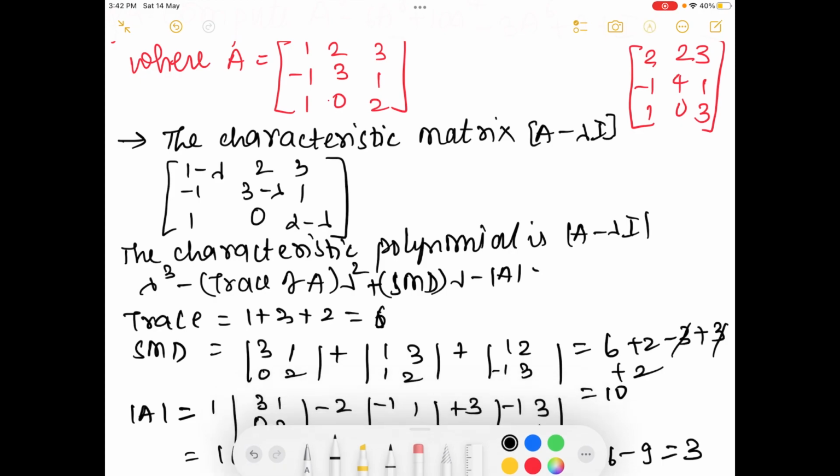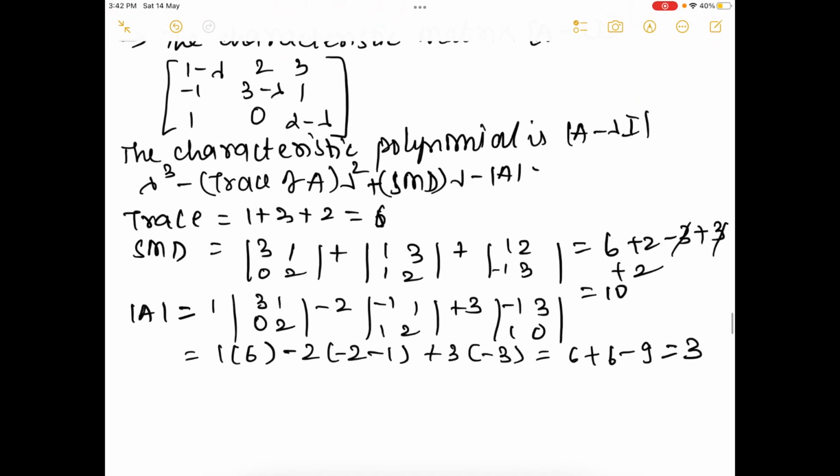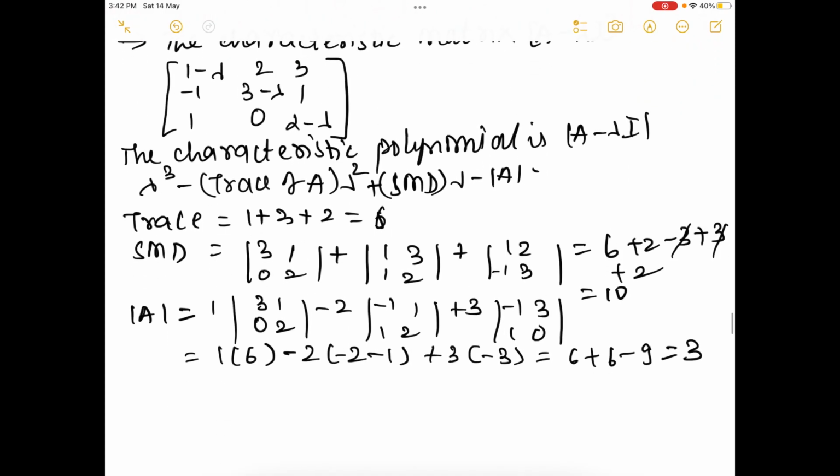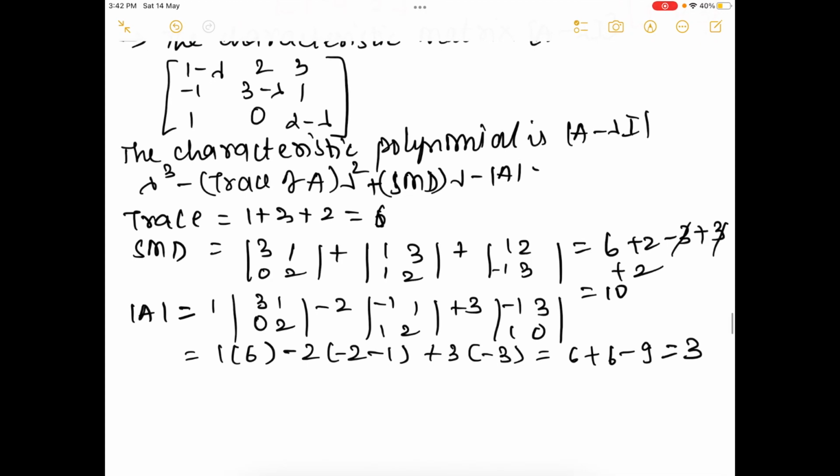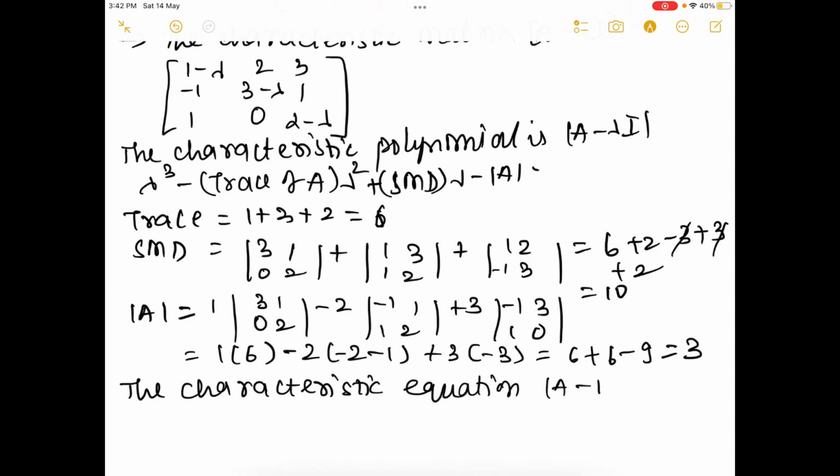So now we have all of the values required, so we can go ahead and define the characteristic equation. We write here the characteristic equation, which is defined as A minus lambda I in mods is equal to 0, will be given as lambda cube minus 6 lambda square plus 10 lambda minus 3 equals 0. I am going to be using Cayley-Hamilton's theorem.